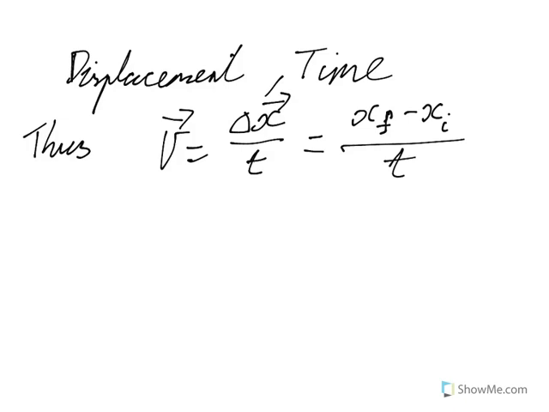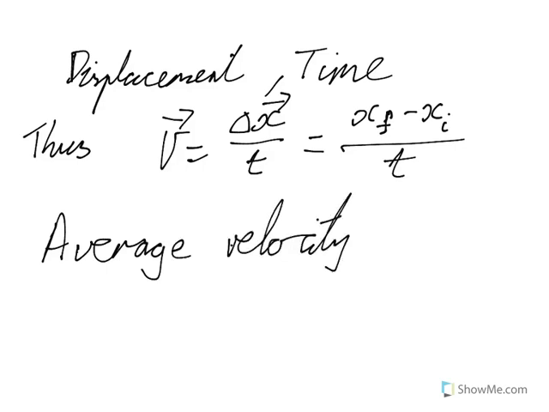Now, what this actually tells us is it really doesn't tell us the velocity at a particular time. What it tells us is the average velocity over the journey.